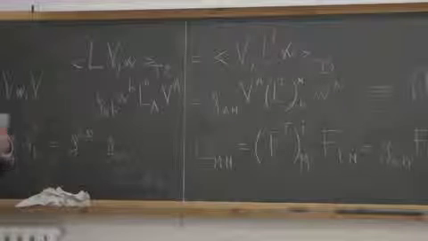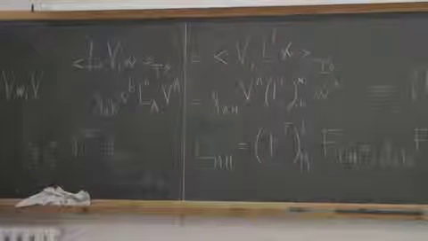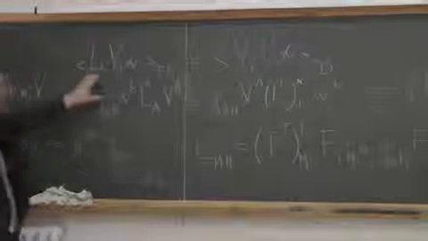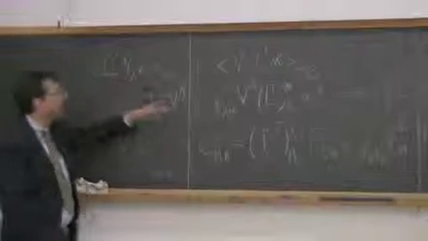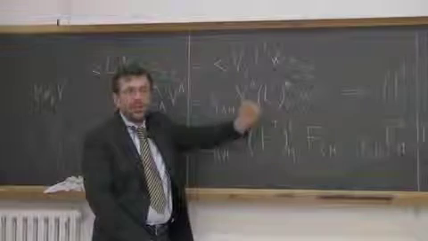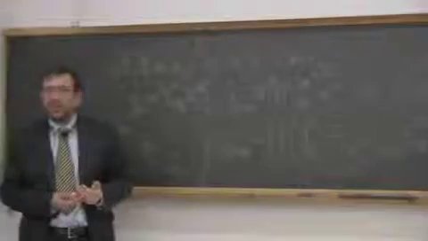Transposed is going back. So if L maps capital vectors into small vector, the transposed maps small vector into capital vector.